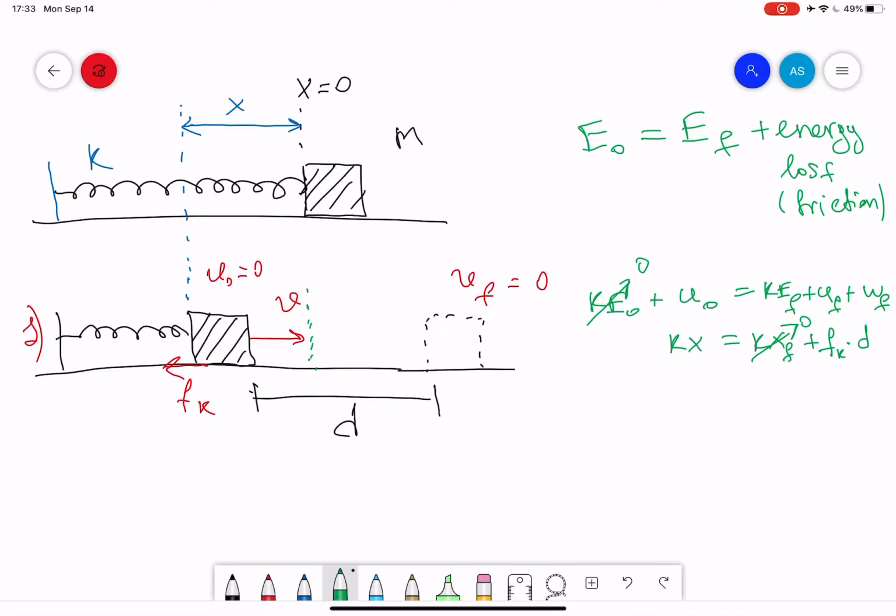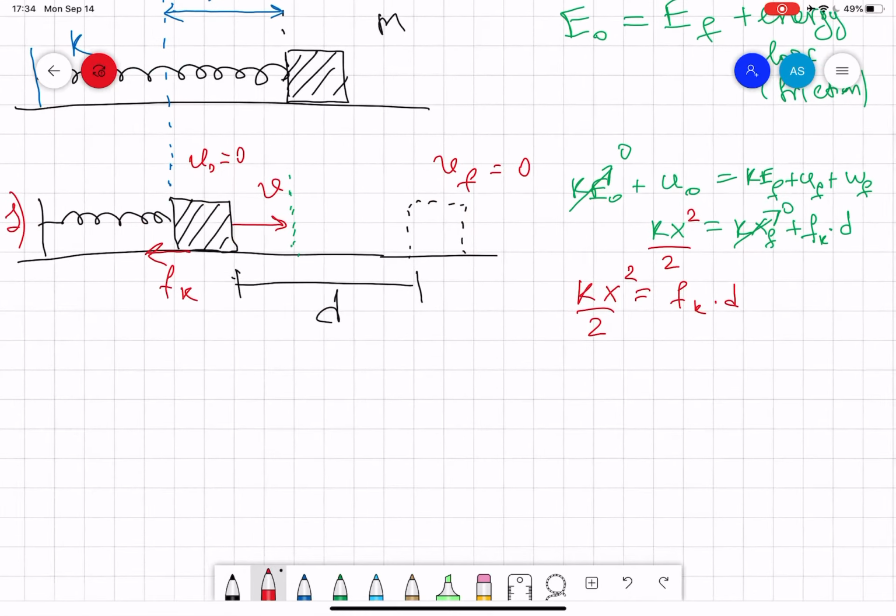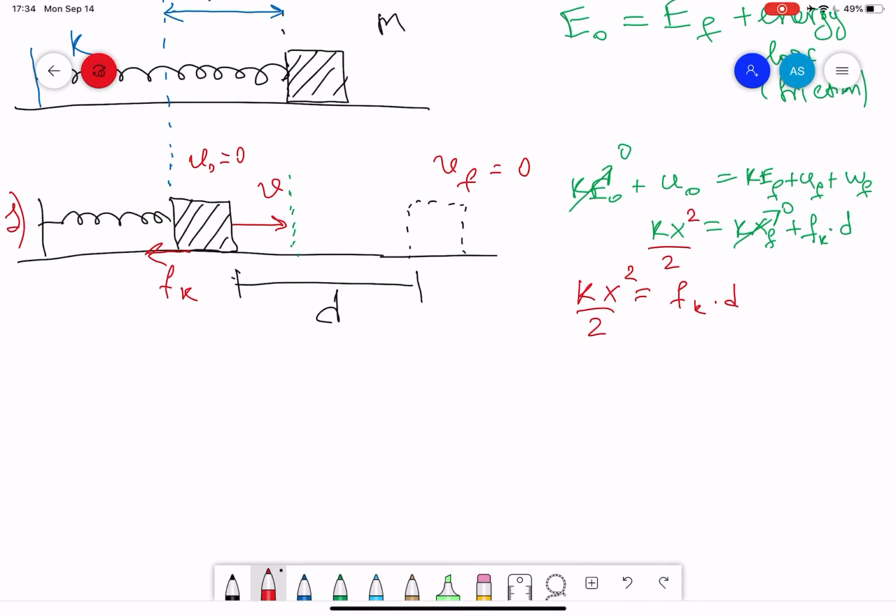So finally we get the formula: here we have kx squared over 2. Sorry guys, I forgot it because it's energy. So kx squared over 2 is equal to the kinetic friction times the distance that it moved.